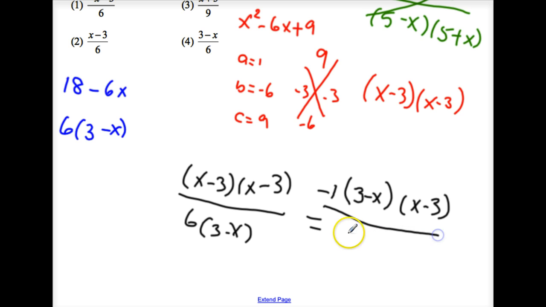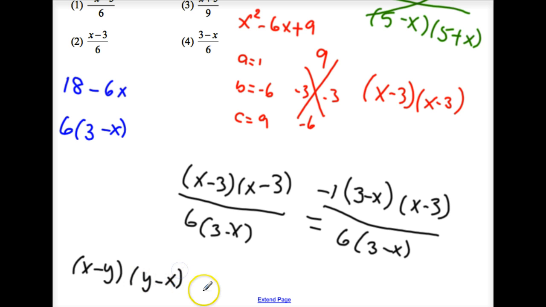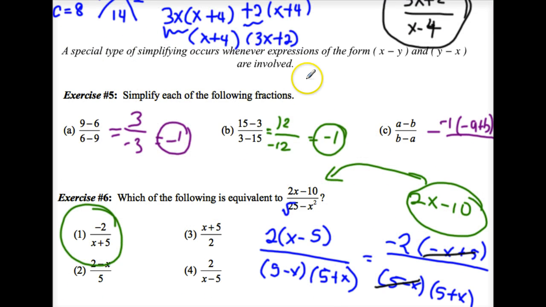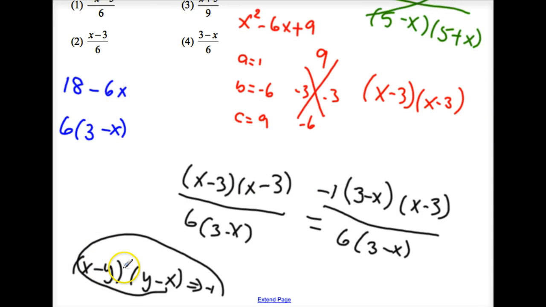Remember, we proved that if I have x minus y and y minus x, when I divide them, it will be a negative 1. So if I do a negative 1, I can simply just switch these.